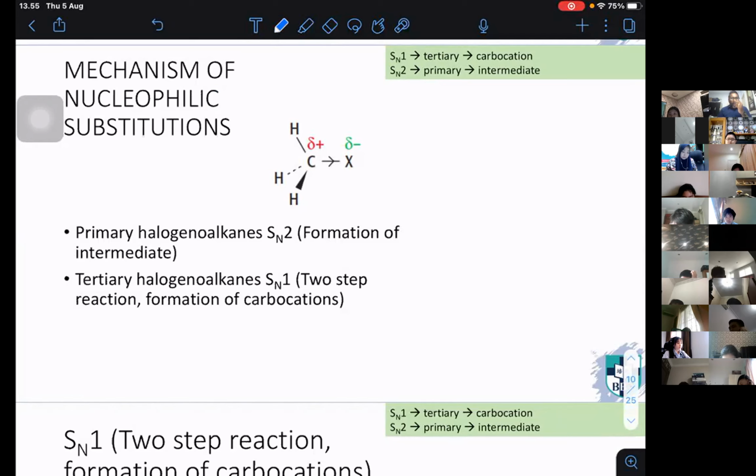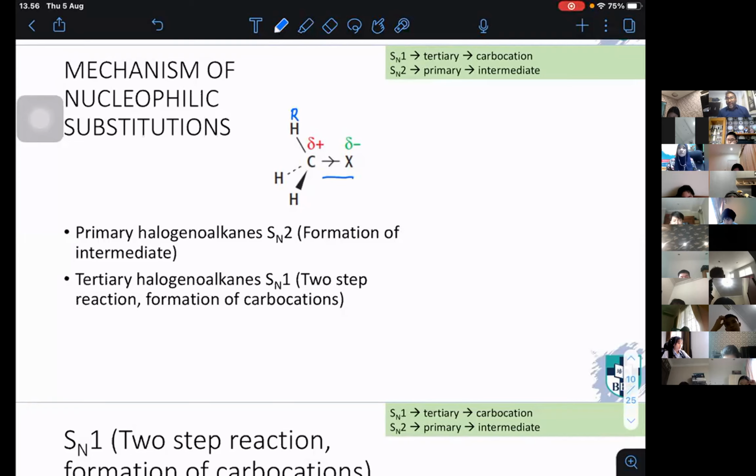Now, in order to identify that, or in order to learn more about that, you need to look into the structure of halogenoalkane. If you have carbon attached to the halogen, that carbon can be attached to all three hydrogens, or sometimes you can have one R group. What is an R group? CH3, C2H5, one R group.